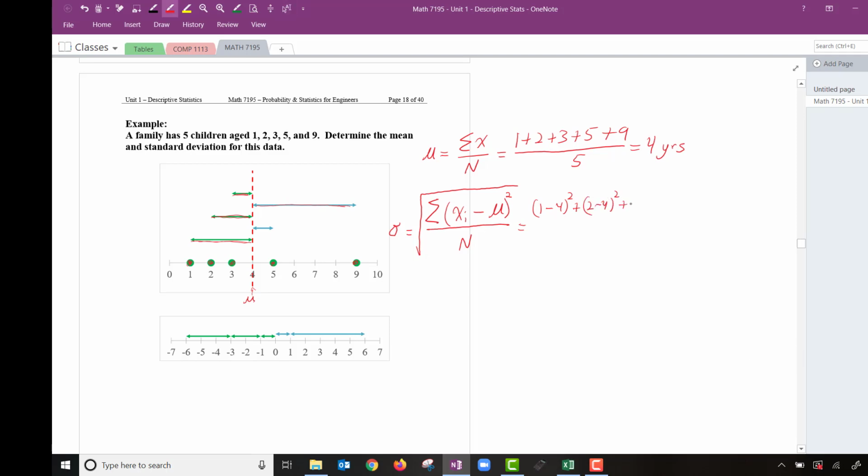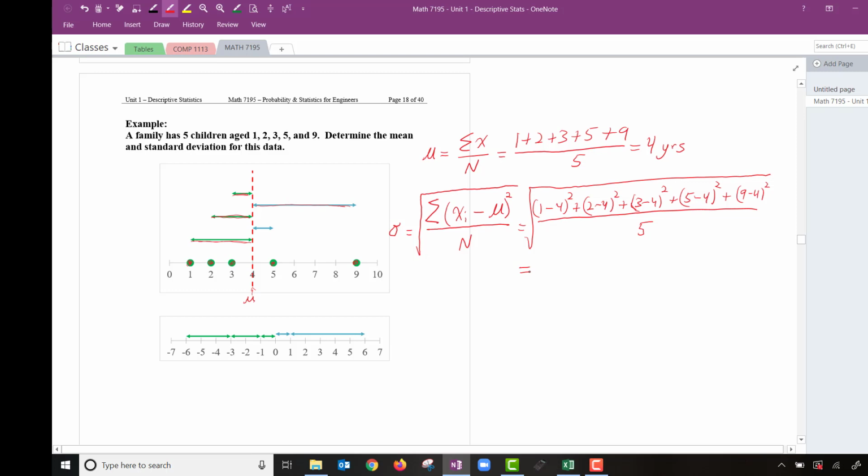I have a 2-year-old, a 3-year-old, a 5-year-old, and a 9-year-old. Divide that by however many I have, and then take the square root.